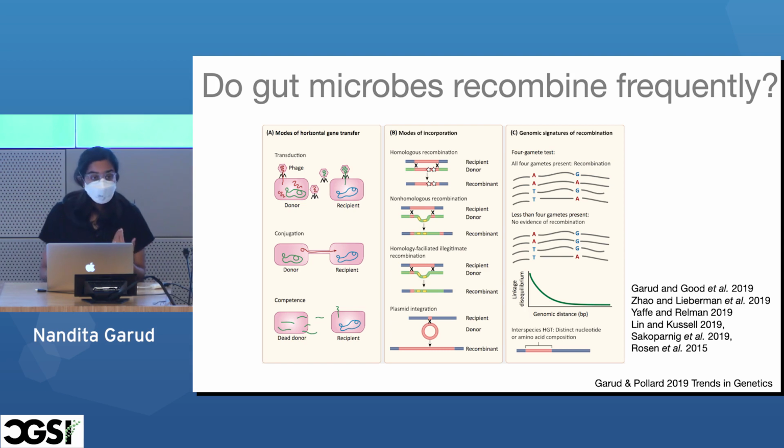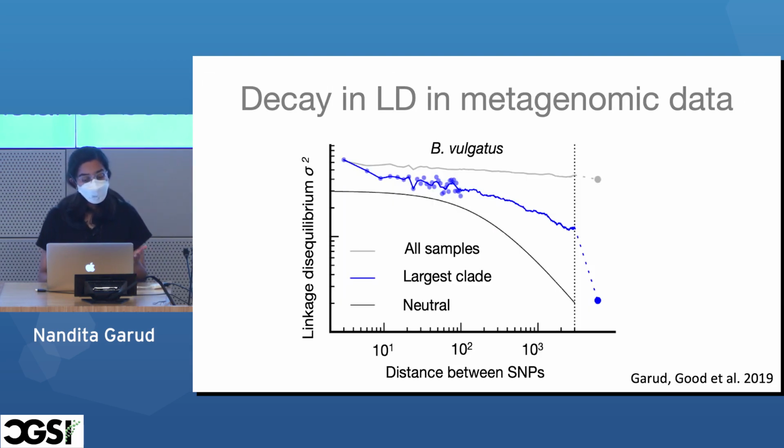And so what we did in our paper was we took haplotypes from different hosts in our data set, Human Microbiome Project data set, and we measured linkage disequilibrium across those haplotypes, and that's measured in blue. And what we saw was a decay indicative of recombination. And we saw this for most of the commensal gut bacteria species, and in fact, it's a pretty steep decay indicating recombination is a common thing happening in the microbiome.